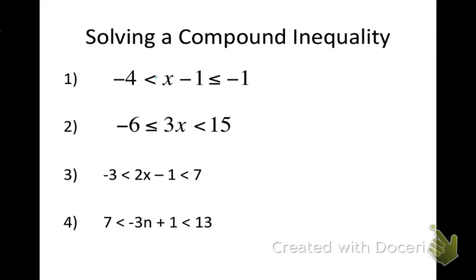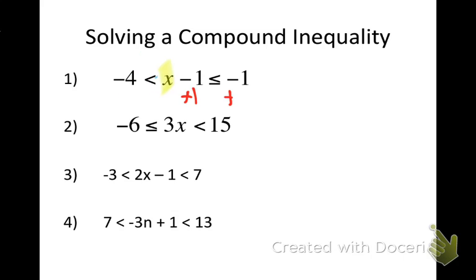So I want to solve this compound inequality. And anytime I solve an inequality, anytime I solve an equation, it's all the same. I want to isolate my variable. So in order to isolate the variable, I typically always need to do the opposite. Who thinks they know what they're going to do here? What do we have to do on all sides? Yeah, I'm going to have to add 1.